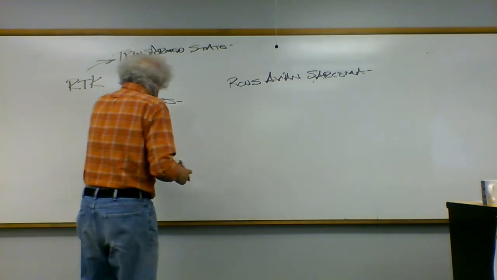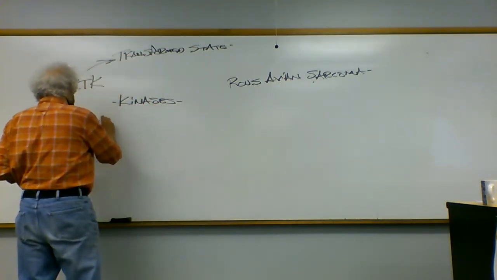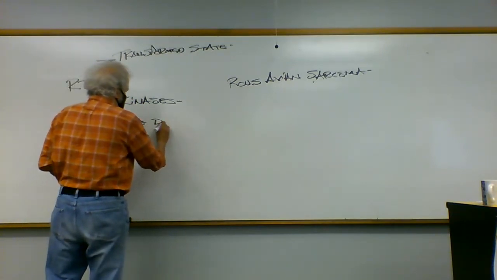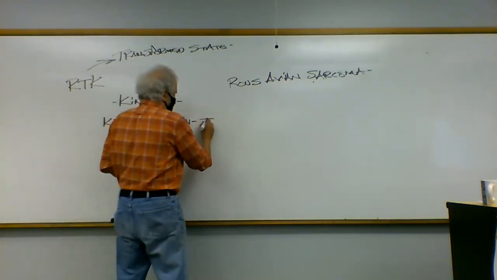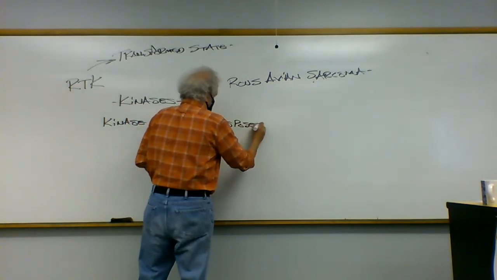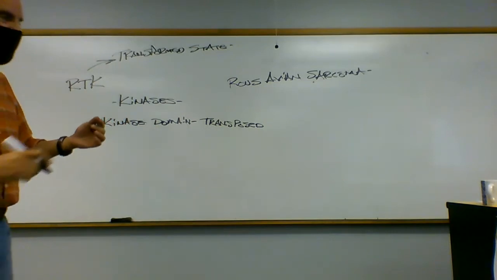So the mutations then, we end up having, in some cases, a kinase domain portion of a gene can be transposed, can be moved around somewhere where it's no longer under the appropriate control. We can have a point mutation.